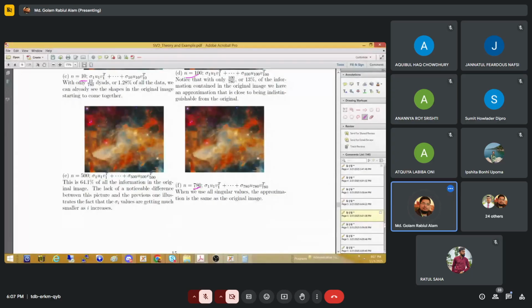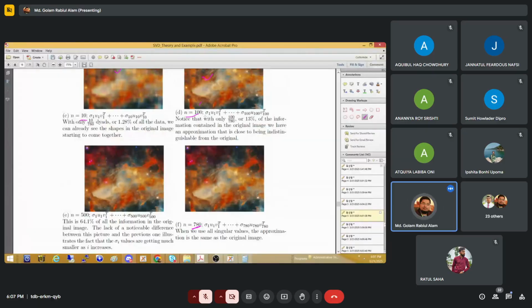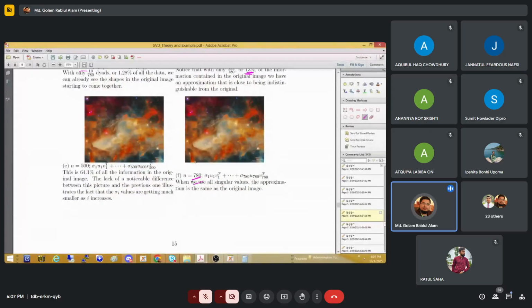Instead of using the total of maybe 780 dimensions, we can use an approximation like this one, 100. In that case, only 13% of the data is required to represent the same image, instead of considering all.